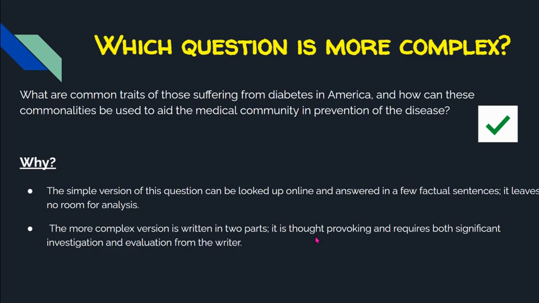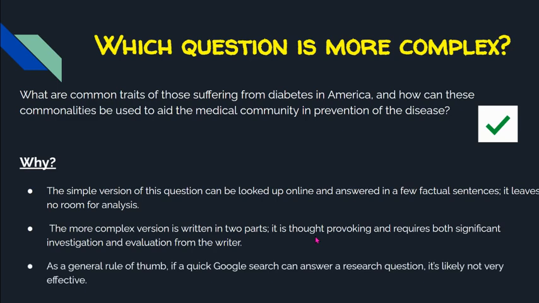There's some research, very important research that would take place here. All right. Now, as a general rule of thumb, and why I'm showing you this, if you know that you can answer your question just with a quick Google search, it's not a very effective question. Okay, so it's about being balanced between being complex, but also being focused as well, and also being clear and concise.